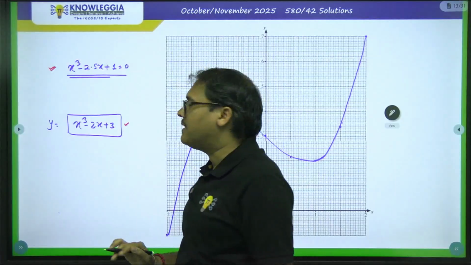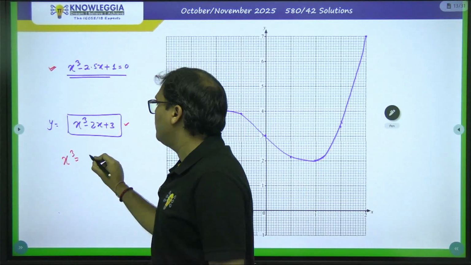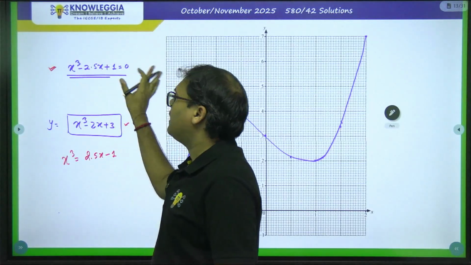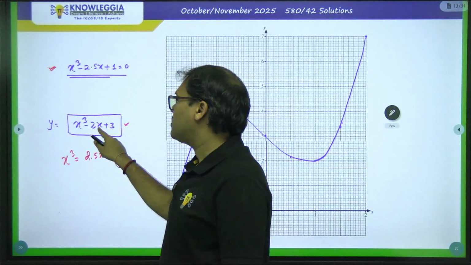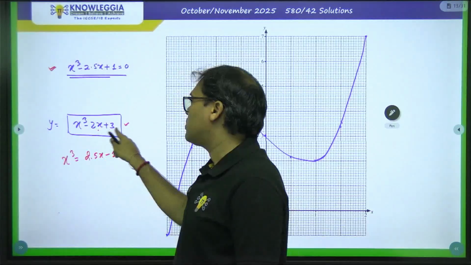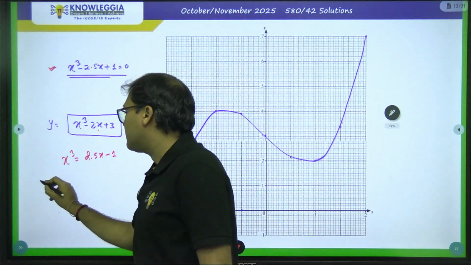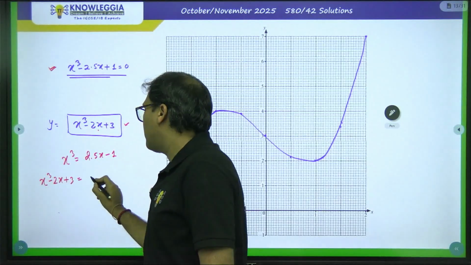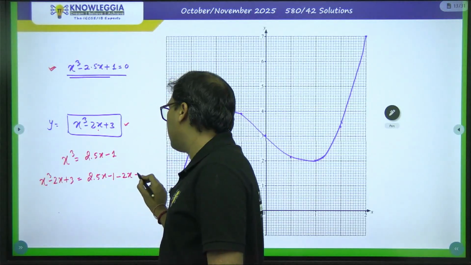What do you mean by that? Can I say x cube is equal to 2.5x minus 1? I have taken this on this side, right? Now, we have the graph of x cube minus 2x plus 3, so I'll try to convert this into this form. So x cube minus 2x plus 3 is equal to 2.5x minus 1 minus 2x plus 3.